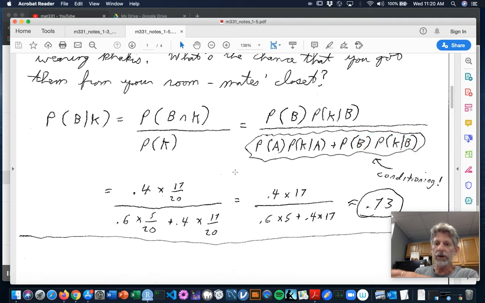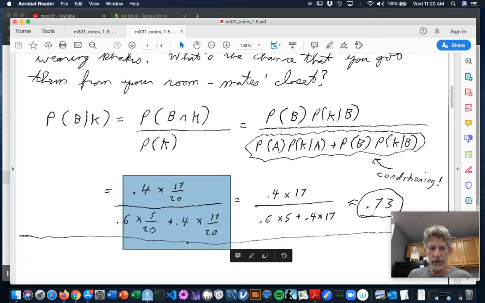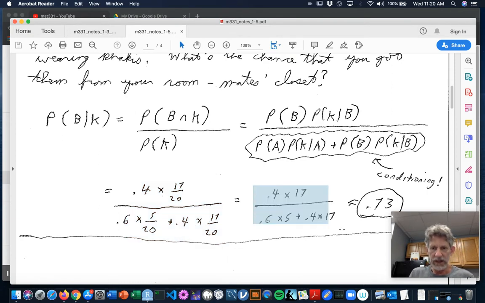And all of those probabilities are probabilities that you know because you know the closet probabilities and you know the pants given the closet probabilities. And so they're going to help you find this reverse thing of the closet given the pants. So you write in all the numbers that you know, and if you plan on doing these calculations by hand, I'd multiply the top and the bottom by 20 to get this simpler thing. But eventually I just gave up and I went to R and used it like a calculator, and I got about 0.73.